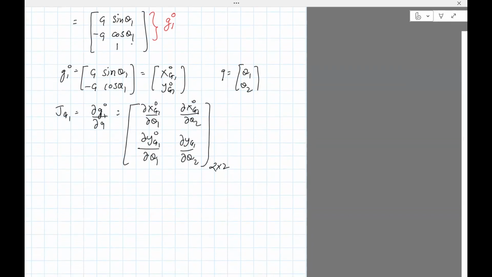Okay, so all that remains is to do the calculations now. The derivative of C1 sine theta 1 with respect to theta 1 is C1 cosine theta 1. The derivative of xg1 with respect to theta 2: since xg1 is only a function of theta 1, this will be 0. Okay, that's the first row. For the second row, I take yg1 and take its derivative with respect to theta 1.